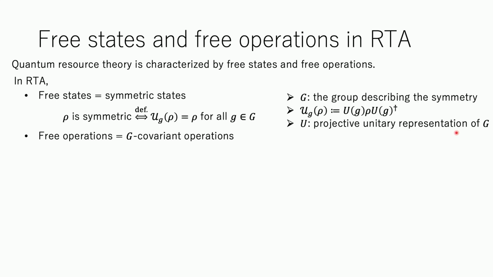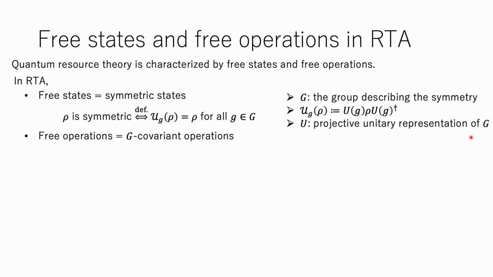We say that a state rho is symmetric if and only if the state is invariant under any group transformation. Here, capital G is the group describing the symmetry of interest, and U_g describes the group transformation, where U is a projective unitary representation of G.